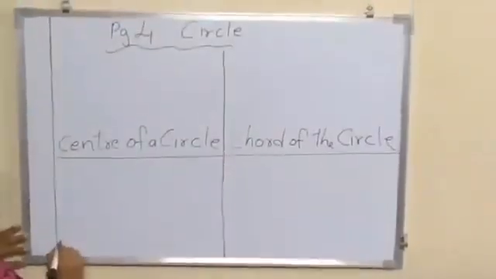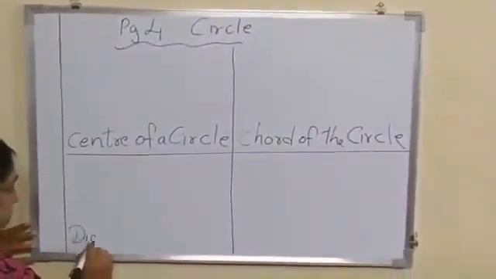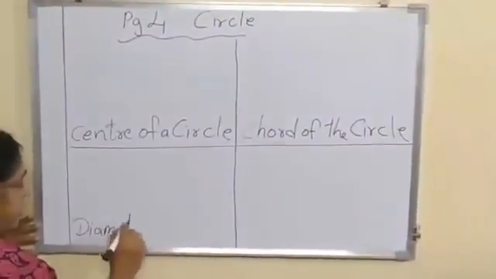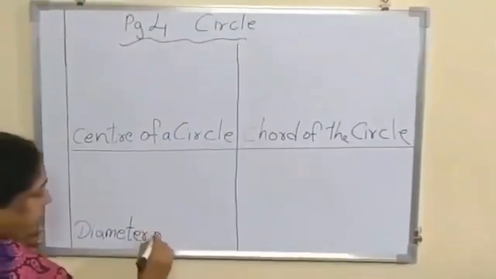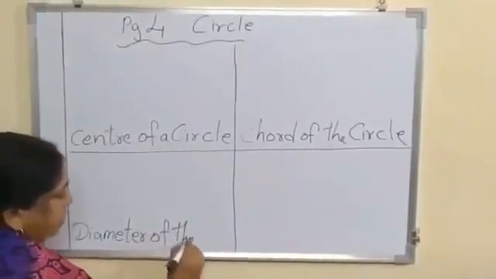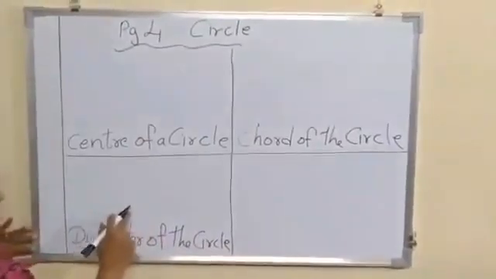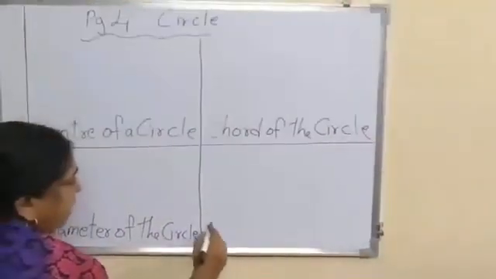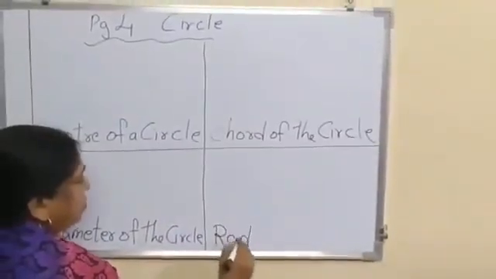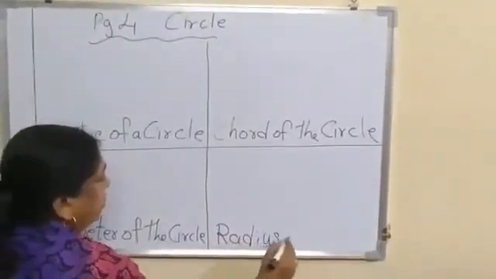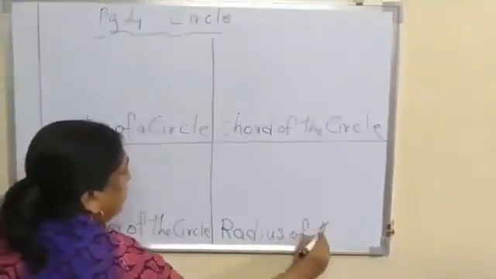And in the third one, you will write here diameter of the circle, and here you will stick the craft paper which shows the diameter. And in the last one, you will stick the craft paper which shows you radius of the circle.